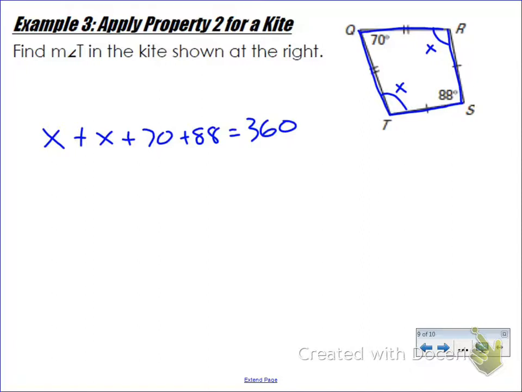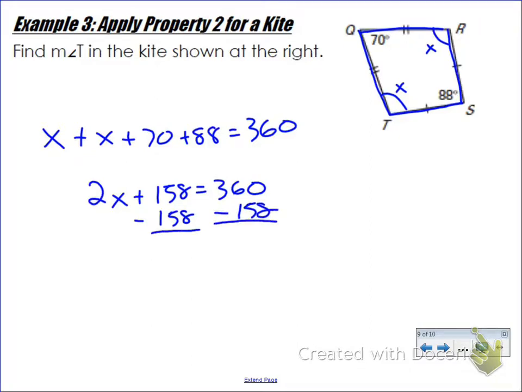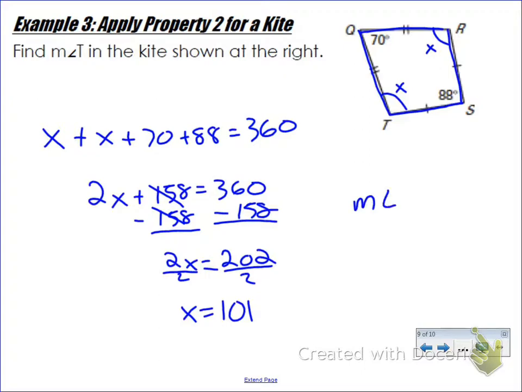So combining like terms, x plus x is 2x. 70 and 88 is going to be 158, equal to 360. We're going to subtract 158 from both sides. This will cancel. 2x is going to equal 202. Divide both sides by 2, and x is going to equal 101. So the measure of angle T, which is what I'm looking for, is equal to 101 degrees.